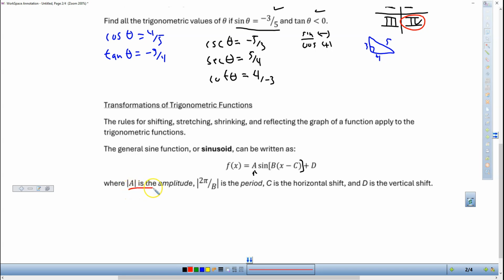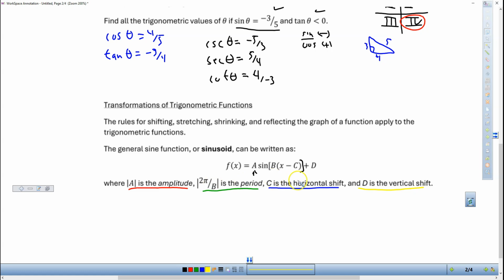Well, a is our amplitude, the value that is the amplitude for the waves themselves. We have 2 pi over b, which is going to be our period. We have c, which is our horizontal shift, and then we have d, which is our vertical shift.